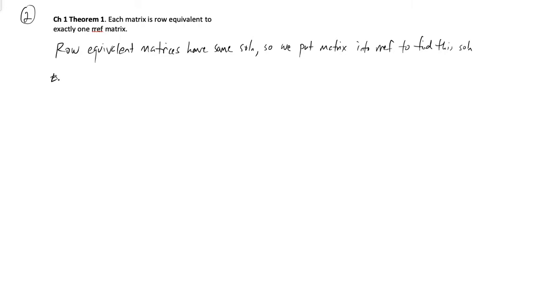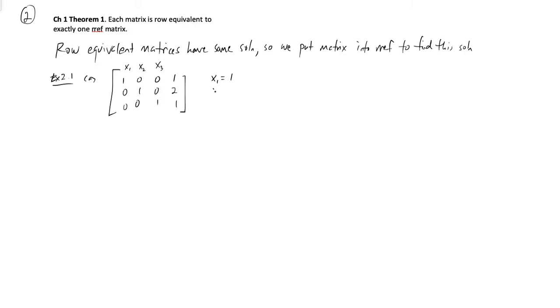Let's look at an example of this. So let's say we have a matrix that looks like this when it's put into a reduced echelon form. So turning these into equations, we have x1 equals 1. Remember, these first three columns correspond to variables, and then the last column corresponds to the right hand side of the equation.